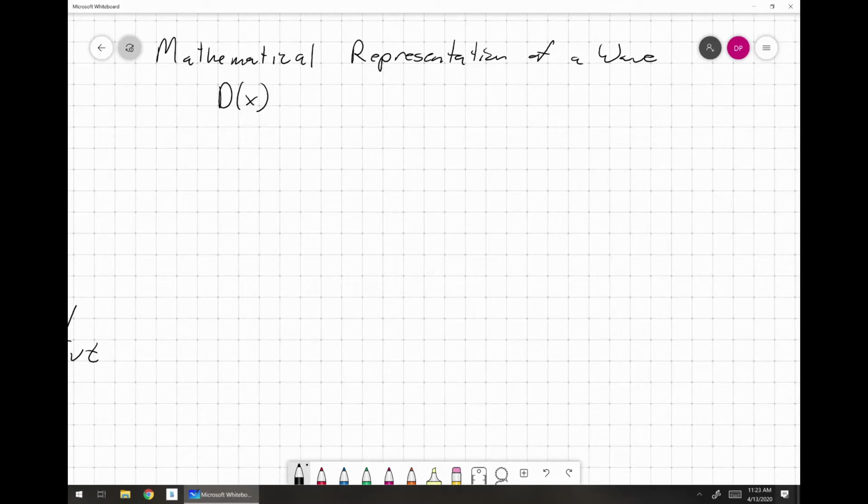So, how far displaced from the equilibrium position is any particle given its position in space. If we have a snapshot of a wave at a particular time, we have this sinusoidal shape. So we can say that's going to be some amplitude A times the sine of 2 pi over the wavelength.